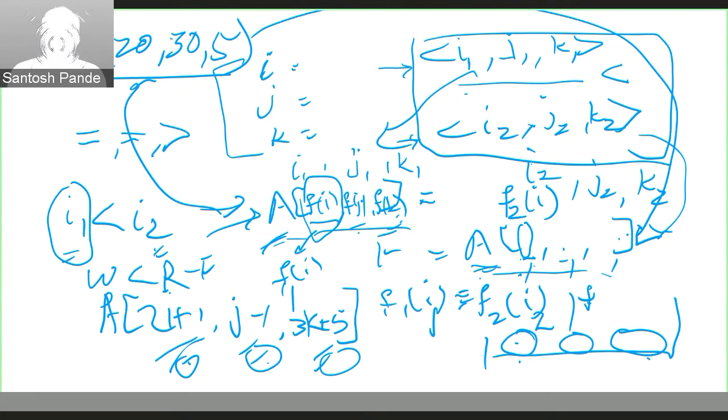So we can remove the anti-dependencies: this is my read and that's my write. I can change this to another variable A1 and this to A2, just like in SSA. And now we don't have dependence. What it means is we are saving all the new values in a new memory location. The cost and benefit of this could be analyzed, but theoretically it is possible to remove an anti-dependence, and there are techniques to do so. And if we do that, we could parallelize this.